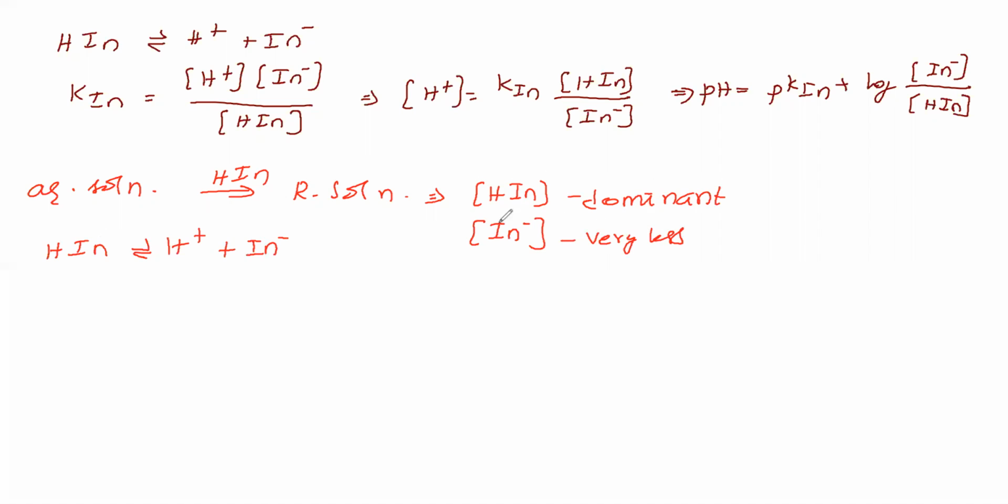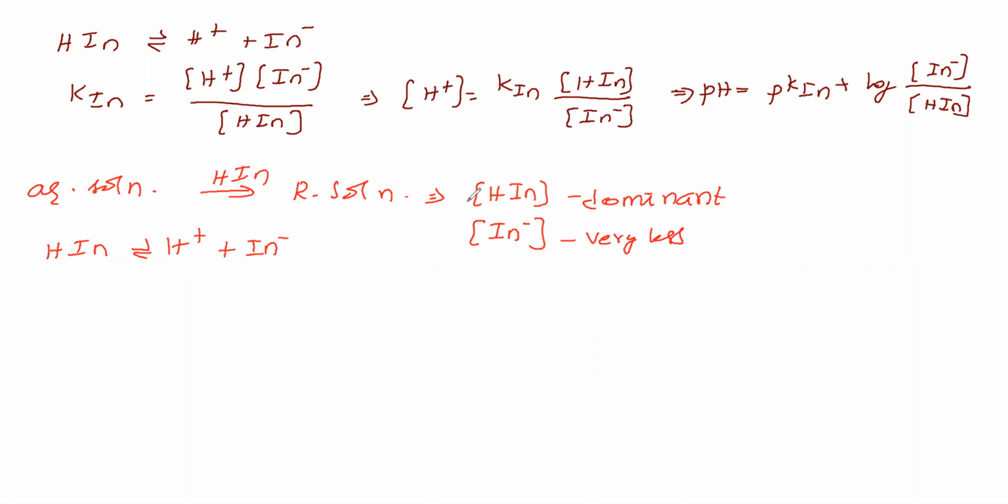Now we can say this resultant solution will exhibit the color of HIn because HIn is dominant. Like this we want. We are taking a particular aqueous solution, that is, whatever pH of aqueous solution we have to take, that pH we have taken. We have added indicator, and this indicator has its equilibrium in the resultant solution.